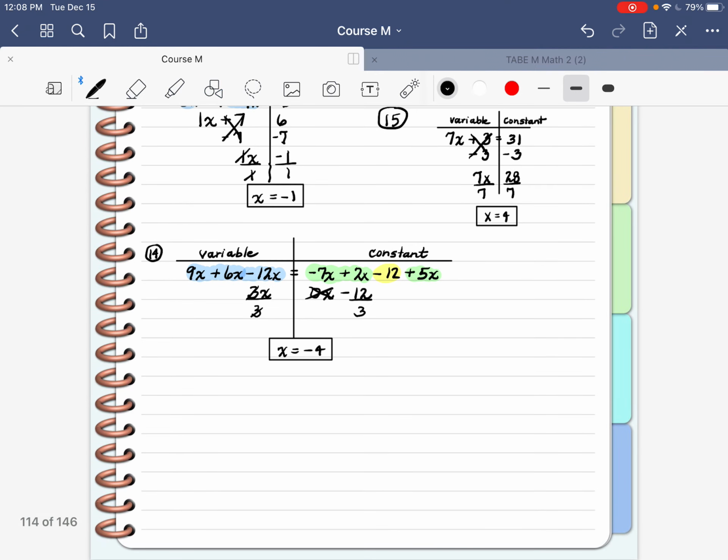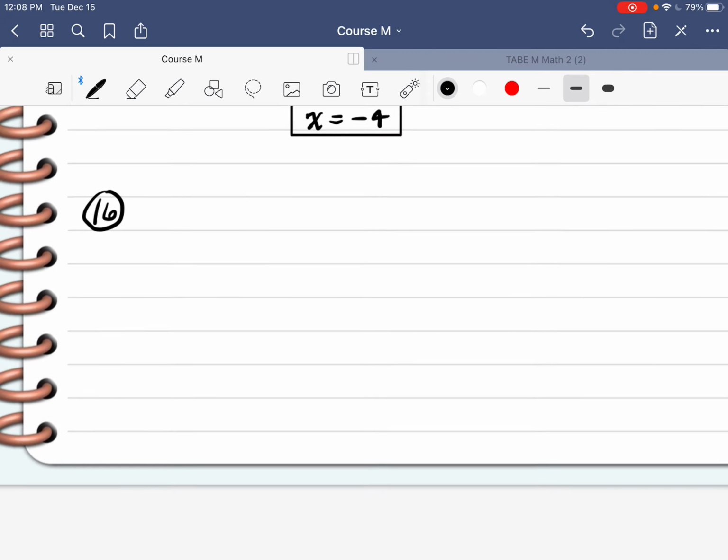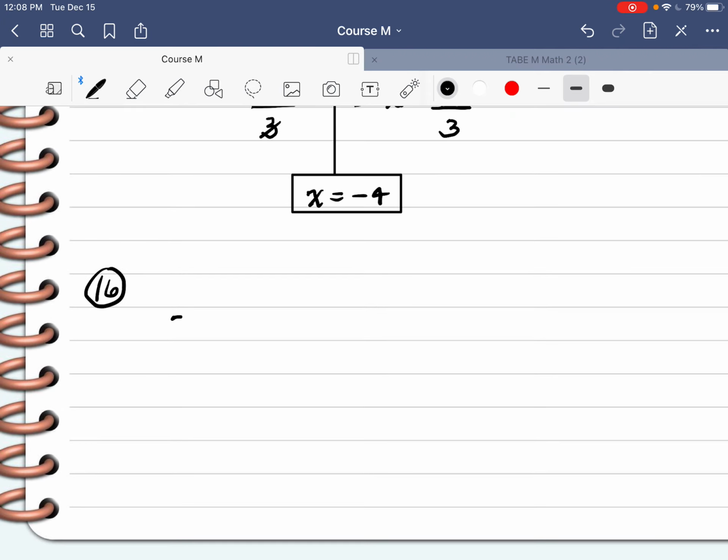Okay, number 16. I have 3x subtract 8 equals 28. Power t, variable, so the constant 8 needs to move.